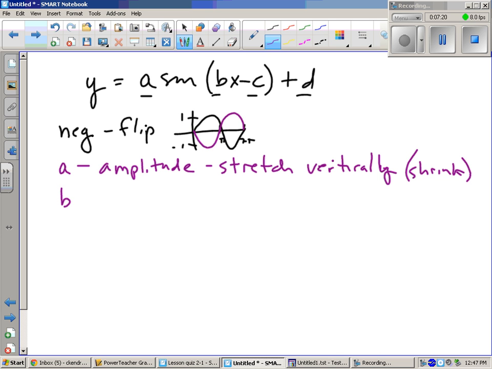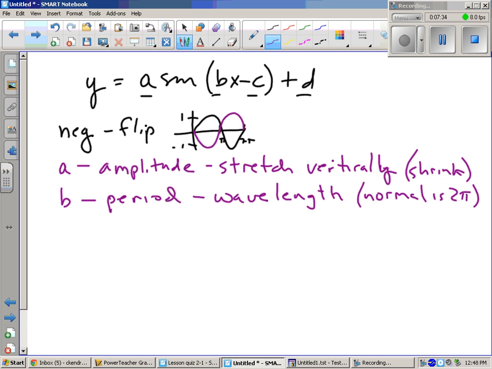The B represents the period, or another name for the wavelength. Right now, our normal wavelength is 2 pi, but it could squish like an accordion.